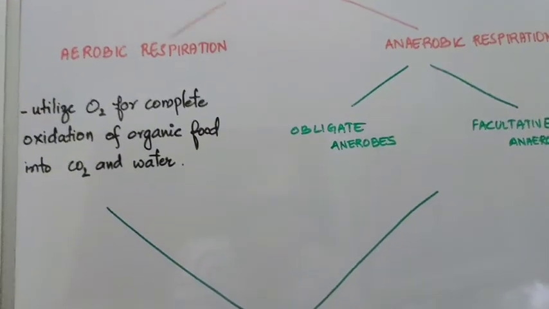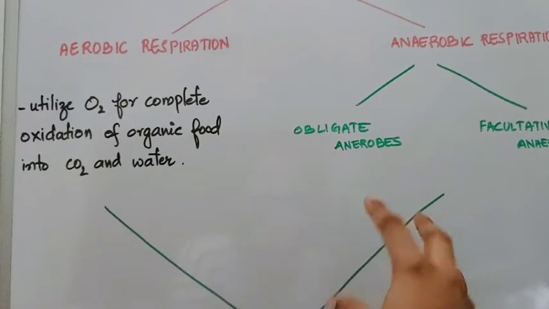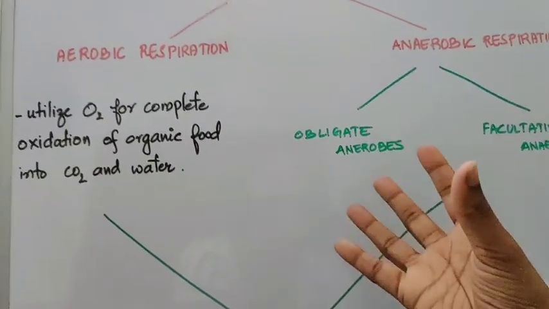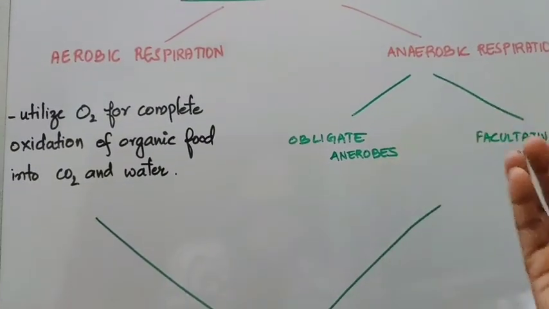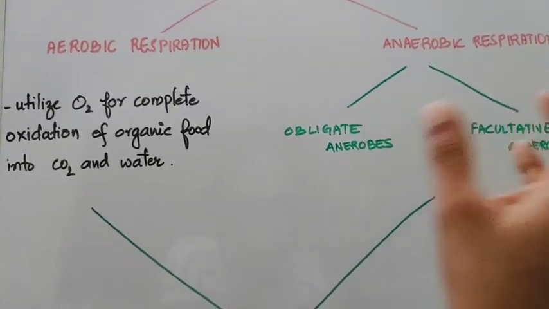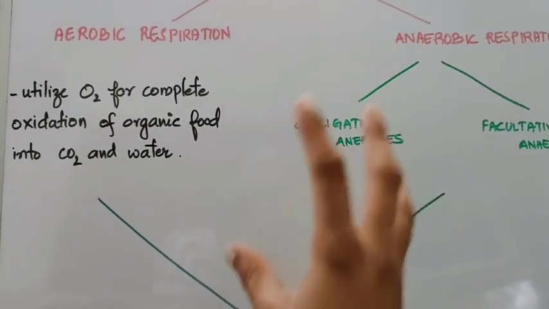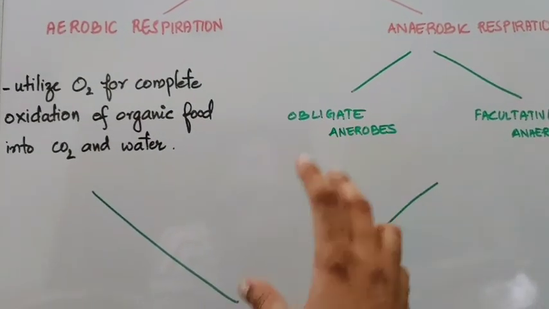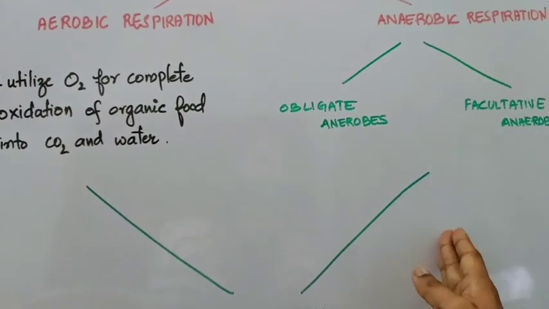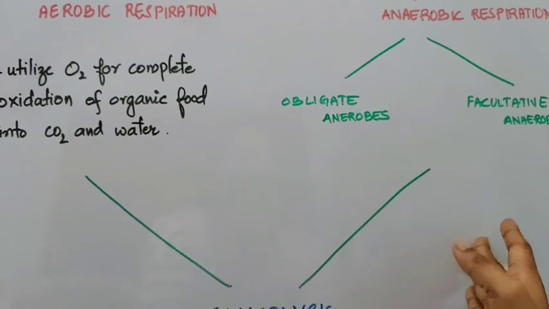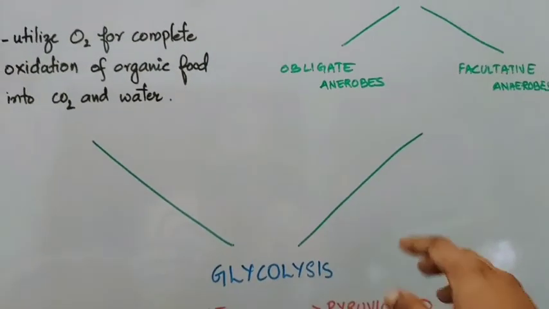So from that time till now, all organisms have developed an enzymatic machinery. Enzymatic machinery means a kind of step wherein enzymes are involved, and it is mainly involved in the oxidation, the partial breakdown of glucose. It's an incomplete breakdown of glucose into another organic acid, that is pyruvic acid.